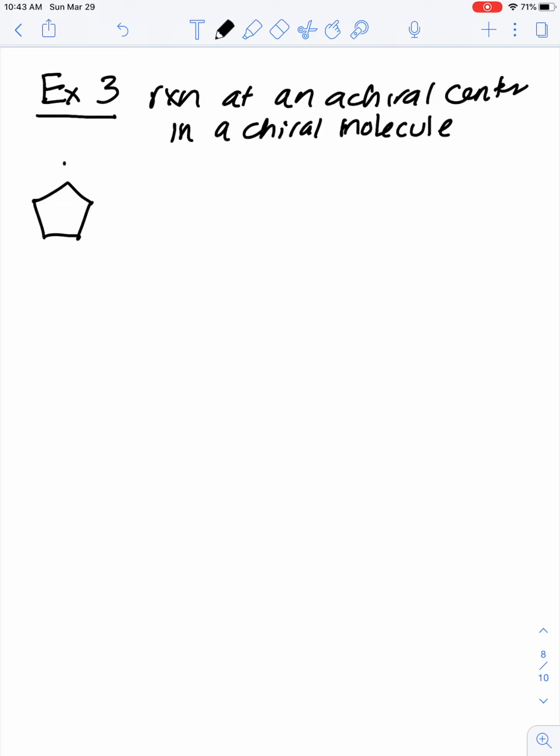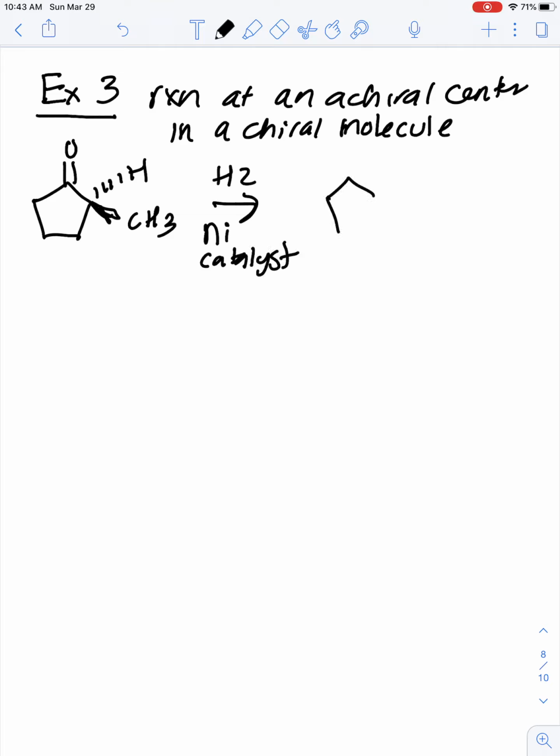So if we look at this molecule here, and we react it with hydrogen and a nickel catalyst, we're going to have two different products formed. So we're going to have something here, plus we're going to have this product here.